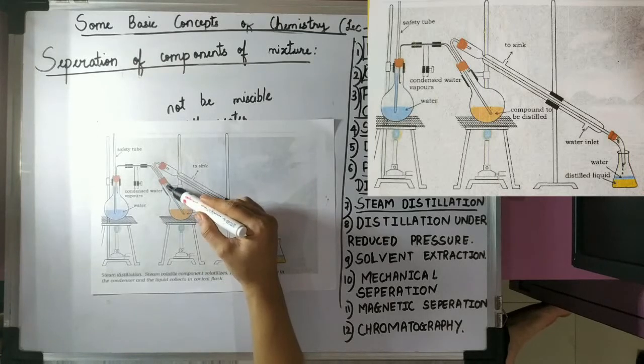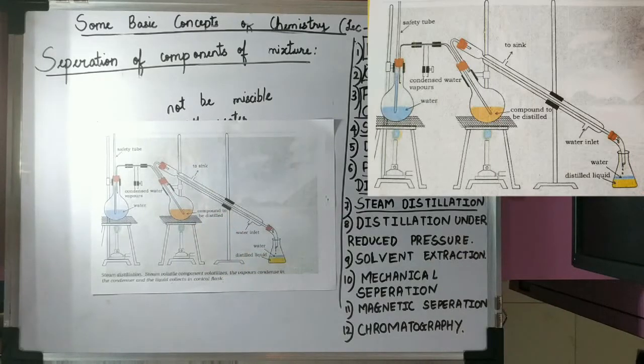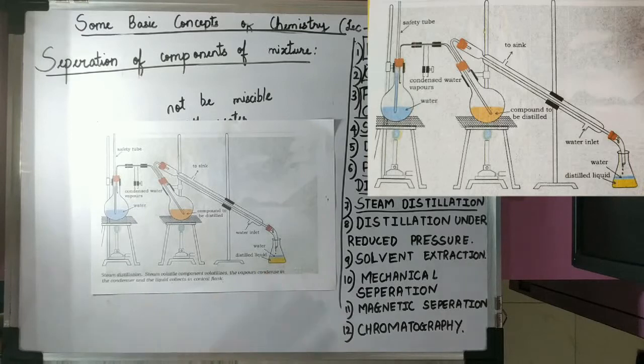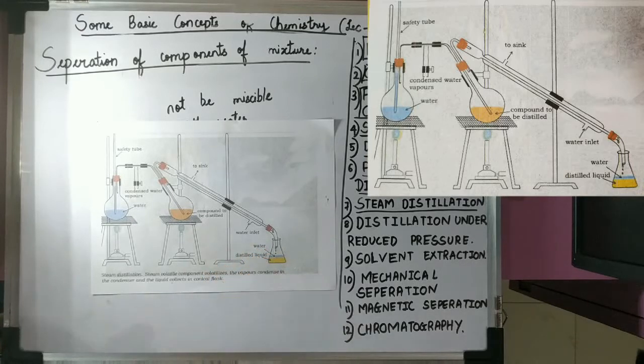From the other tube, we are using a condenser. The condenser will condense both the liquid which we are separating and the water back into the liquid state. Now if they were miscible, they would form one layer, and then we would have to use a different technique to separate those two miscible liquids. But if they are not miscible, they will form two separate layers.